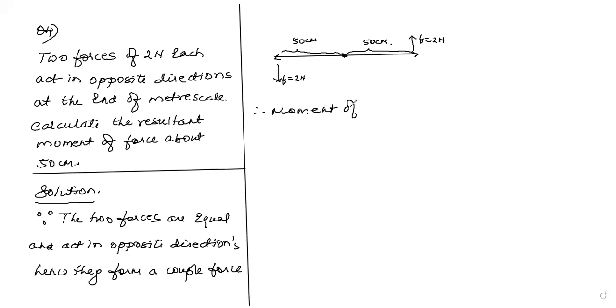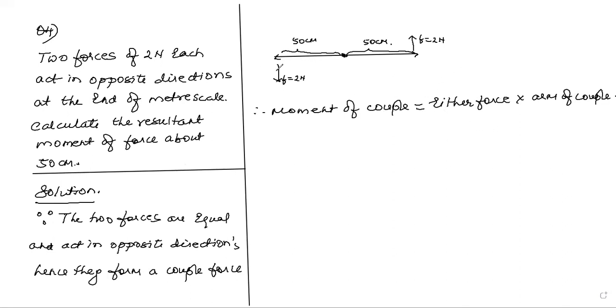moment of couple is equal to, I taught you the formula in the previous class, either force, any one of these forces, into arm of the couple. Arm of couple is nothing but the distance between the forces.